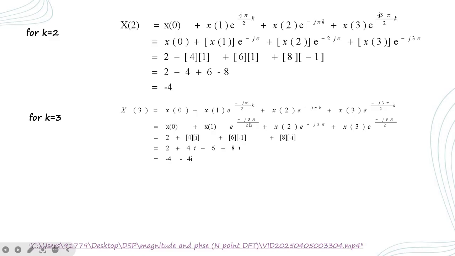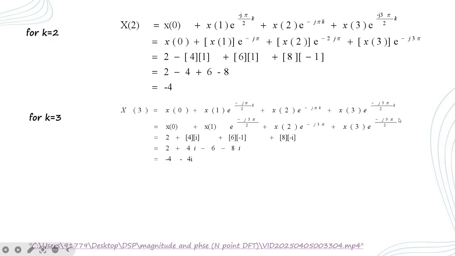So we'll get it as minus j 3 pi by 2 plus x of 2 into e raised to minus j pi, k is 3. Therefore, we'll get it as minus j 3 pi plus x of 3 e raised to minus j, k is 3. So 3 into 3 will be 9. So you'll get minus j 9 by 2 into pi.